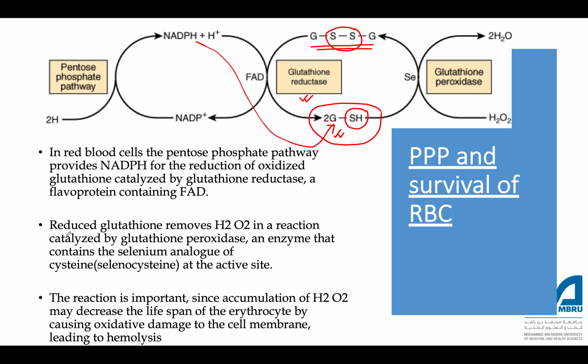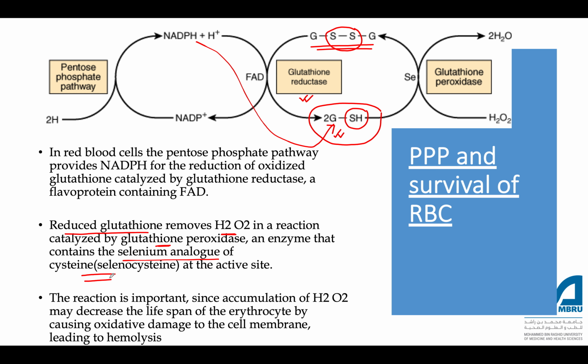So the reduced glutathione removes superoxide radicals in the form of H2O2 in a reaction catalyzed by glutathione peroxidase, which contains the selenium analog of cysteine called selenocysteine. Now, I will describe the process here, but the aspect of selenocysteine we will talk about during the lecture, because we will need to draw this out in order to explain it to you.